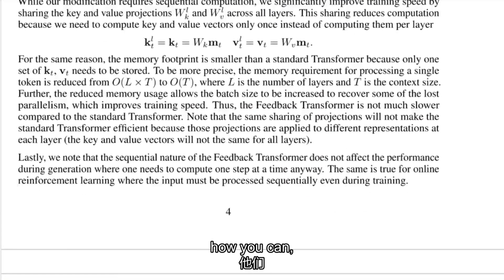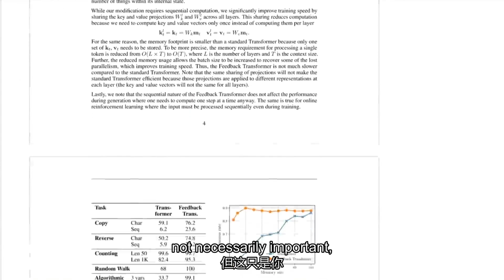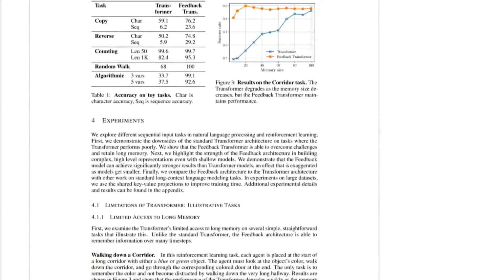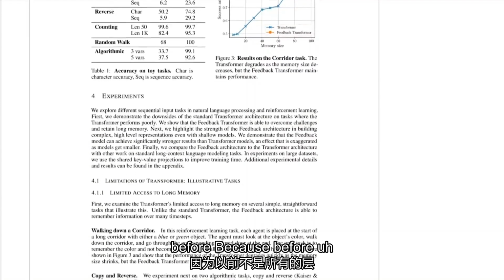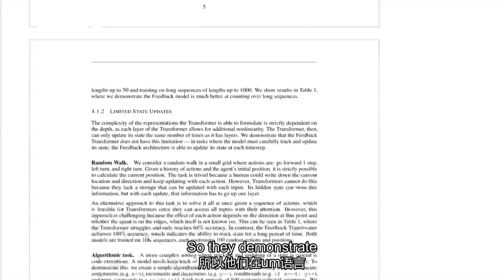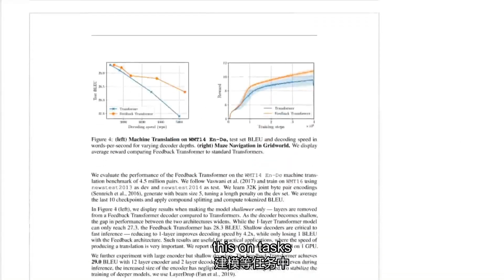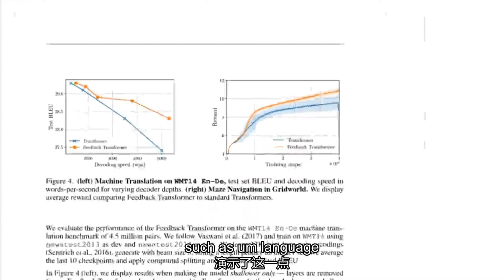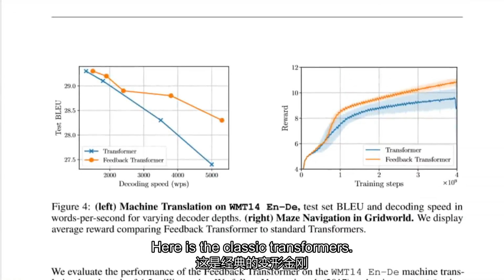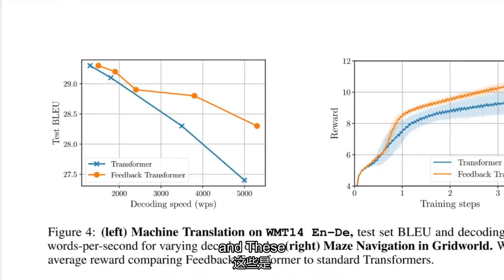They also explain how you can, as I said, share the keys and the values. That's not necessarily important, but it's just something you can do with this model that you couldn't do before, because before not all the layers were attending to the same memory. Now you can do that. So they demonstrate this on tasks such as language modeling, where you can see blue here is the classic transformers, and these are different sizes.